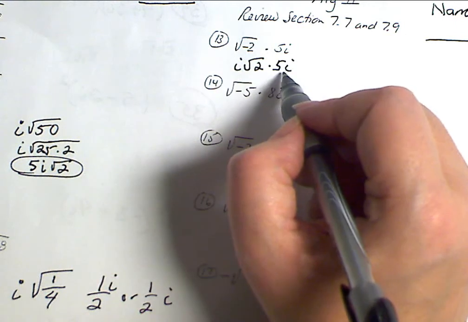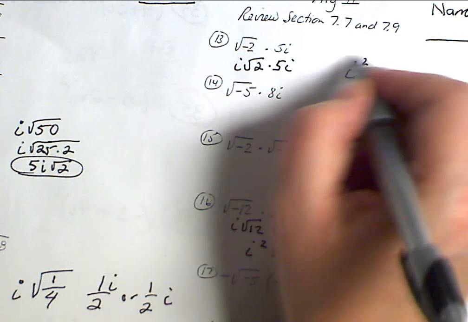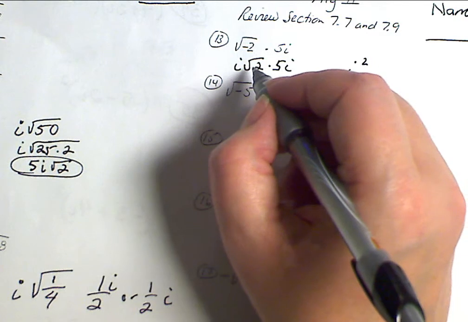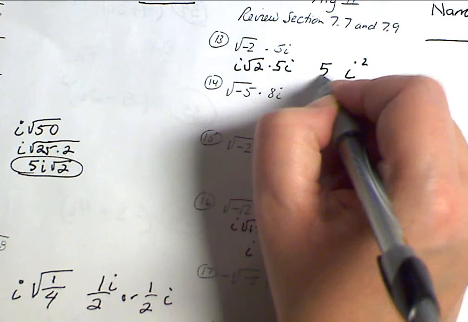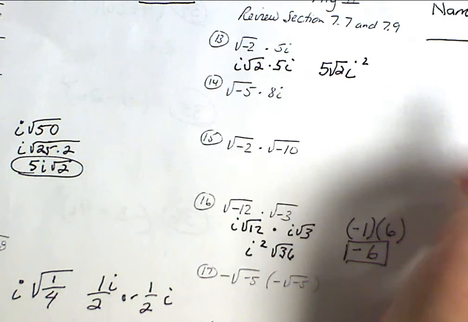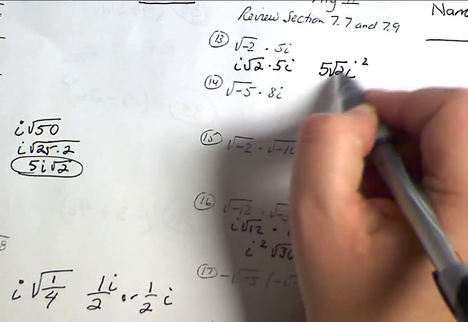That's going to be negative 1. And 5 times the square root of 2: whenever you have a whole number with a radical, the only thing you can do is put them together.